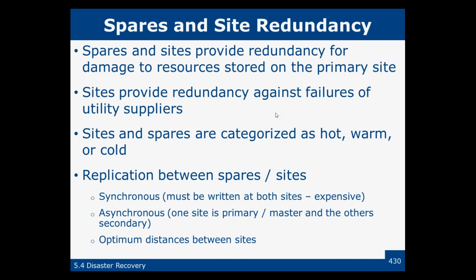All the updates have been installed, and we can quickly go from one to the other. If the primary site goes down, we can start running immediately at the hot site. A warm site has some equipment. It may not be up to date, may not have the data, it will take some time to get it online. A cold site could be something as incomplete as an empty building.